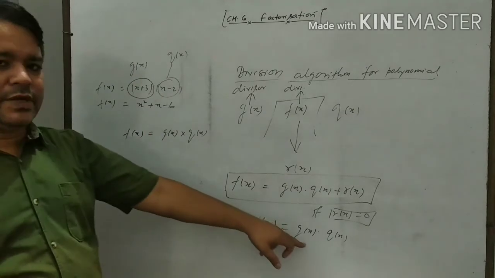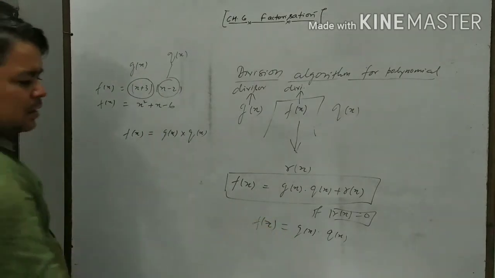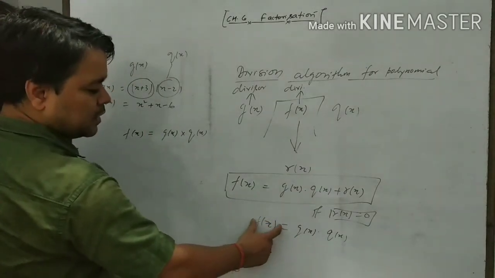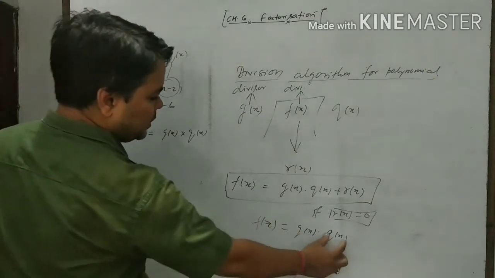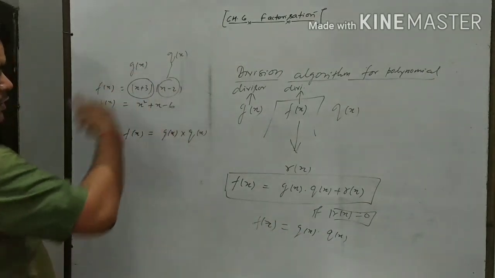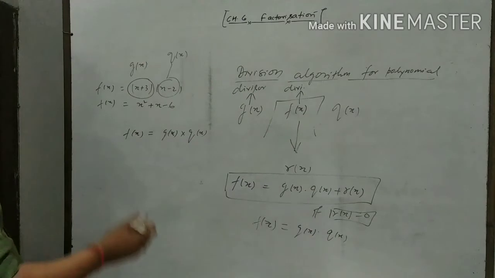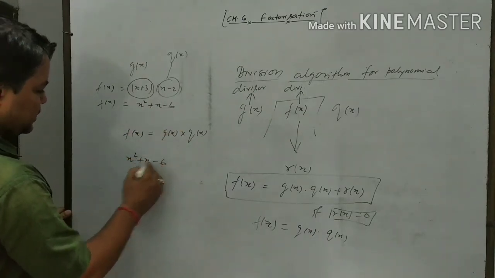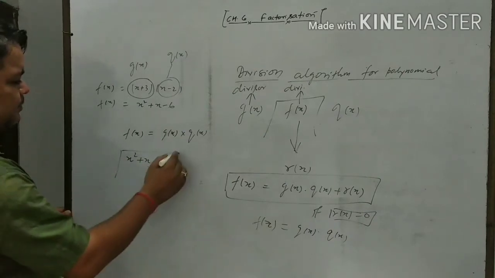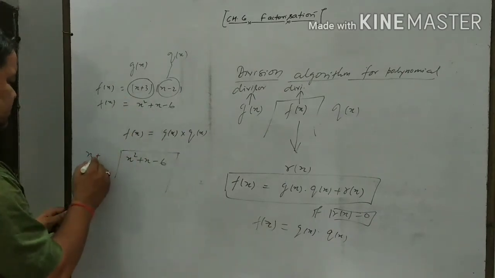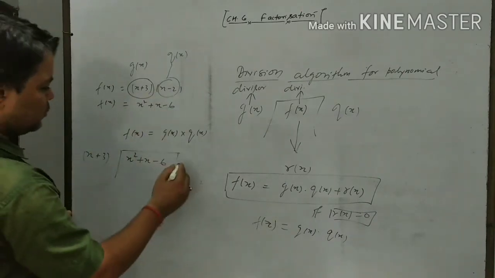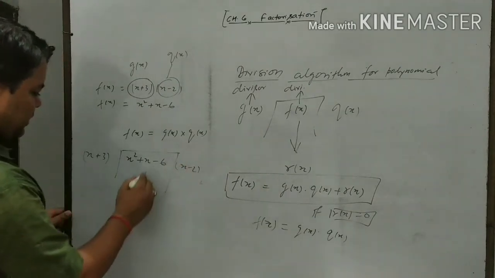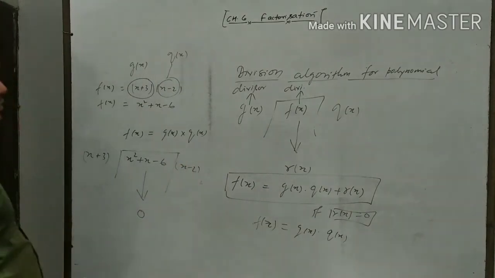So it is verified using this example that the degree of this polynomial is always more than the degree of the other two. Now if we divide x square plus x minus 6 by x plus 3, we get the quotient x minus 2 and finally the remainder 0.